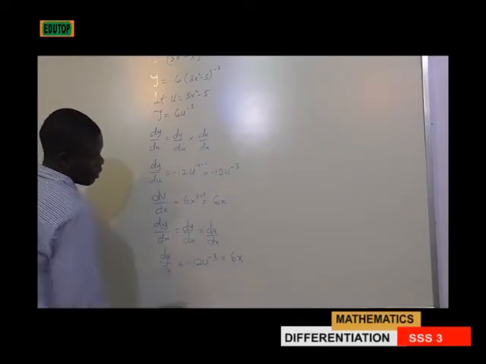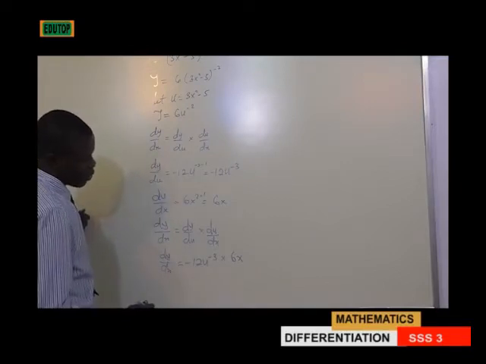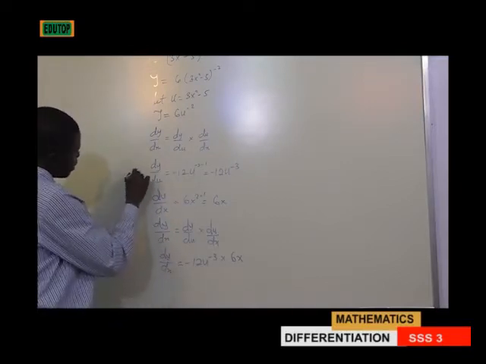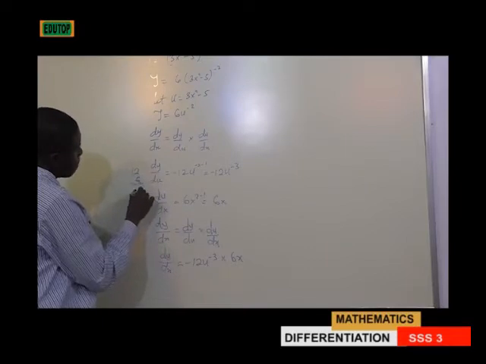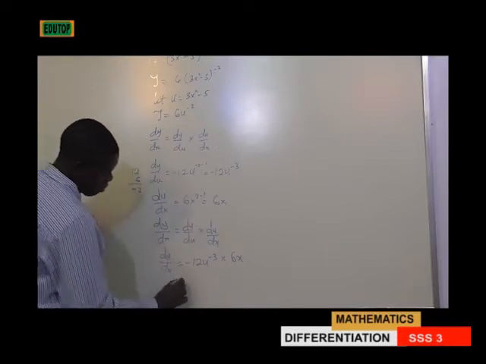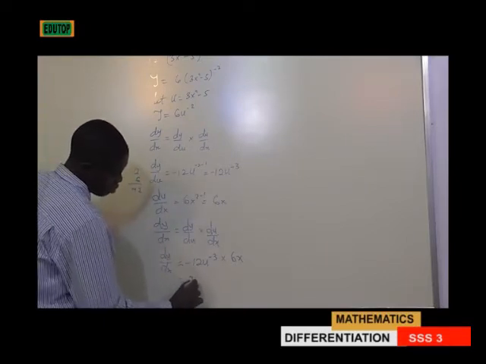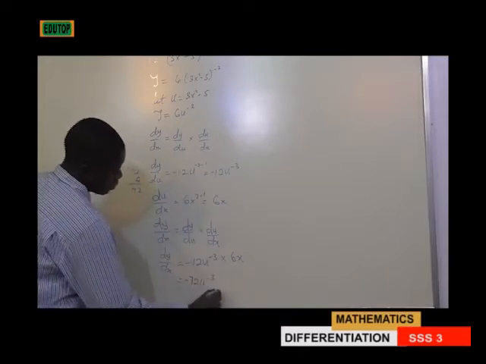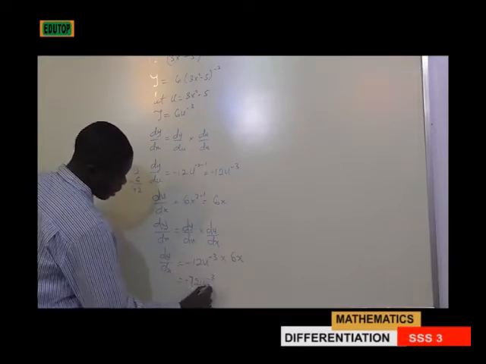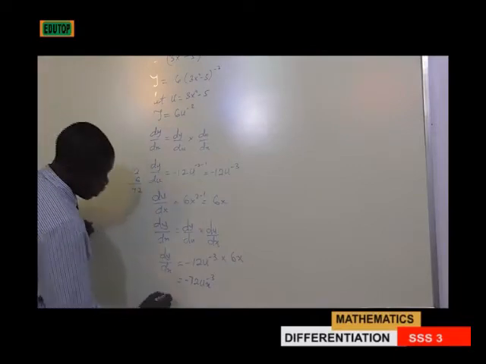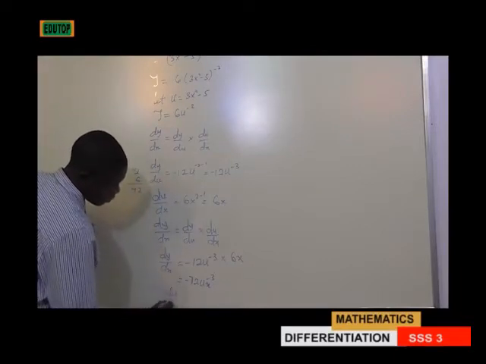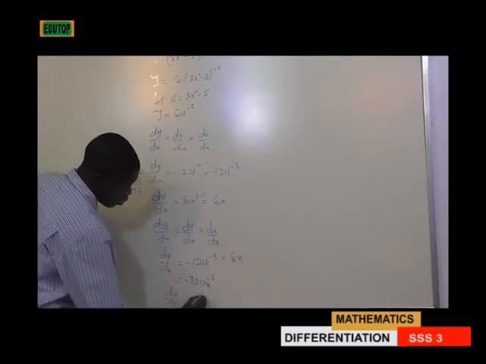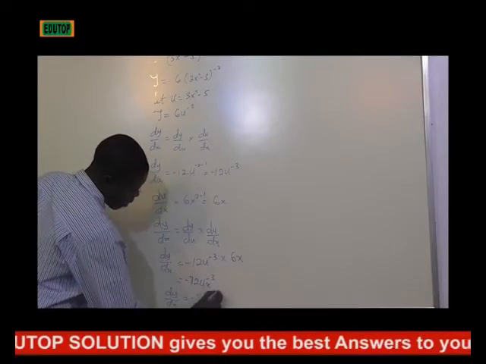Minus 12 times 6 will give us minus 72. If I'm not mistaken, yes, that will be minus 72. So you have minus 72u raised to power minus 3. Remember there's an x here. Or you can write that dy/dx equals minus 72x times u raised to power minus 3.